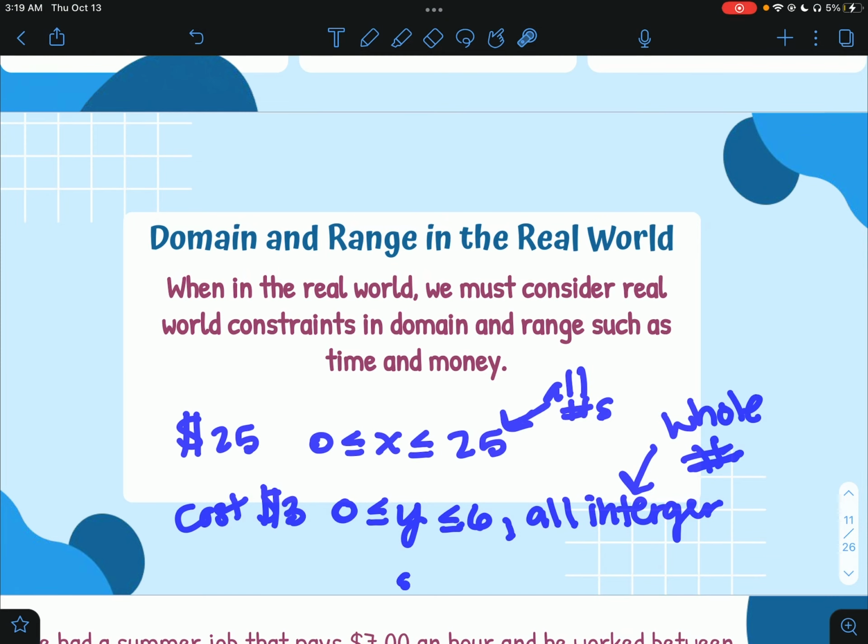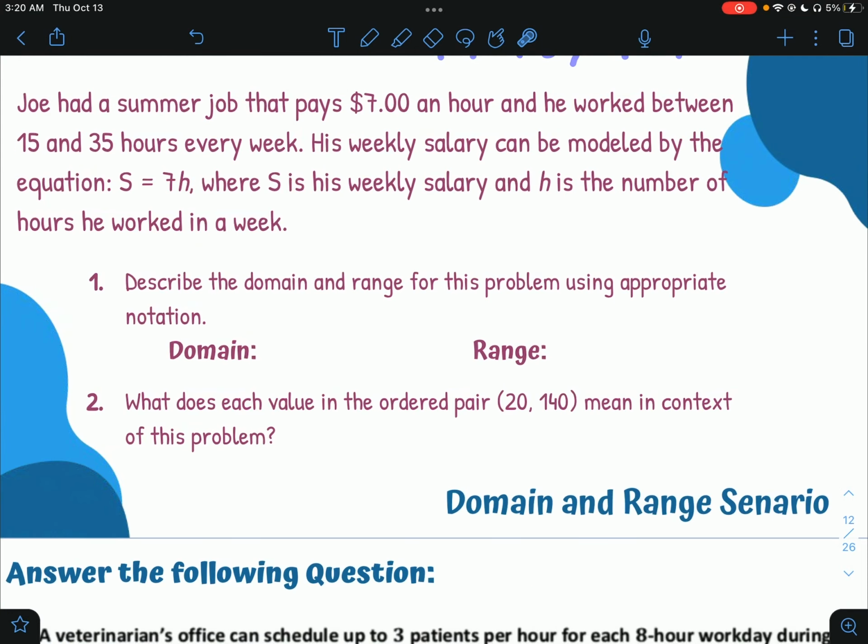So you can only buy 0, 1, 2, 3, 4, 5, or 6 items from the break store. That's why it is the integers. You can't buy 5.5 items. You can't buy 5.7. Got to buy a whole item. So 0 to 6. It would have to be 6 because 7 items wouldn't be under $25. 7 items would cost $28.